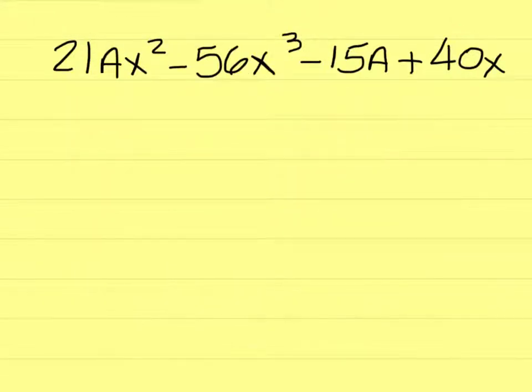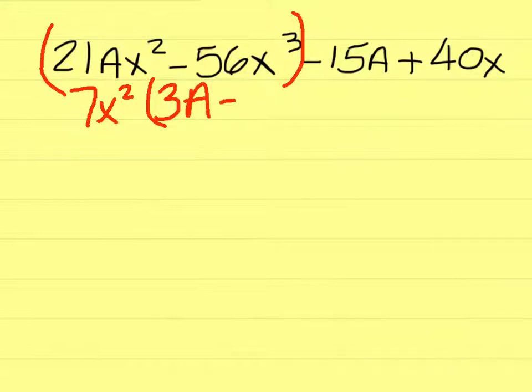For practice, do 21ax squared minus 56x cubed minus 15a plus 40x. What can we factor out of 21ax squared minus 56x cubed? 7x squared. Good. What's left? 3a minus 8x.